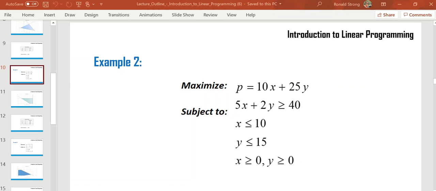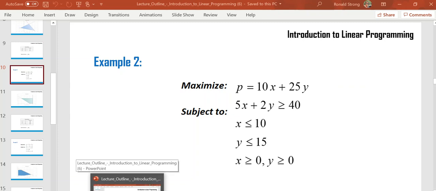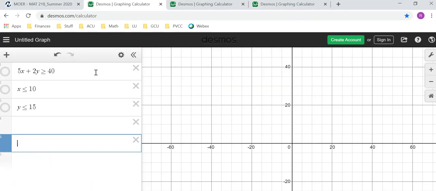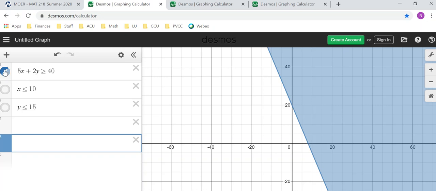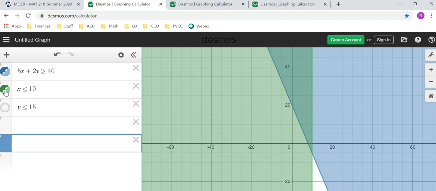So let's go to Desmos, and I've already entered, for convenience's sake, the equations in here. If we just take a look at the first equation, we can see the line and the proper shading. And then I'm just going to click on the second one, x is less than or equal to 10.